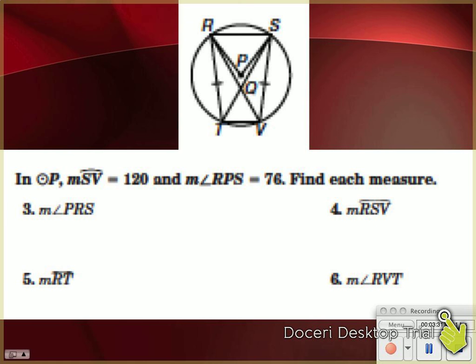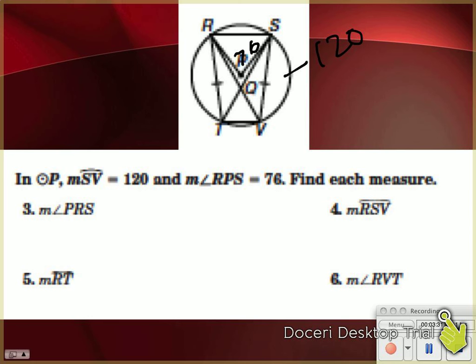Now, RP and SP are both radii of the circle, so they have the same measure, which means this is an isosceles triangle. So I can do 180 minus 76 and get 104, divide that by 2, and I know that both angle PRS and angle PSR have a measure of 52.